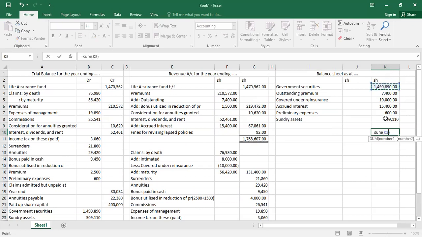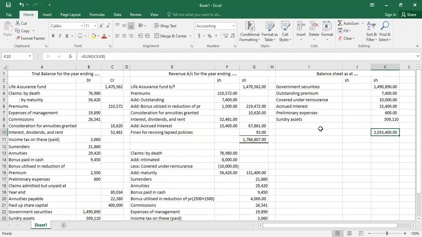So we add all this. That should be our balancing figure. So these were assets. Now we need capital and liability items: capital plus liabilities.